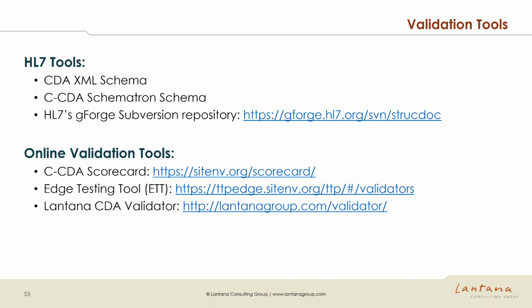There are also online validation tools that are available. ONC has a CCDA scorecard up that tests things like meaningful use compliance. There's also an older EDGE testing tool that was used during EHR certification. And our company, Lantana, also provides an online CDA validator that tests many different implementation guides beyond just CCDA. Next slide.